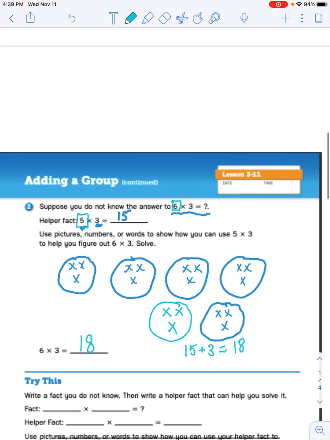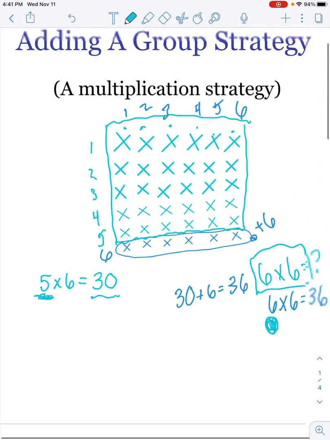So you want to use this when you don't know what the answer is to a multiplication problem, but you do know something that is close to it, a multiplication equation that is probably just one away. So 5 is 1 away from 6, in 5 times 3 and 6 times 3.